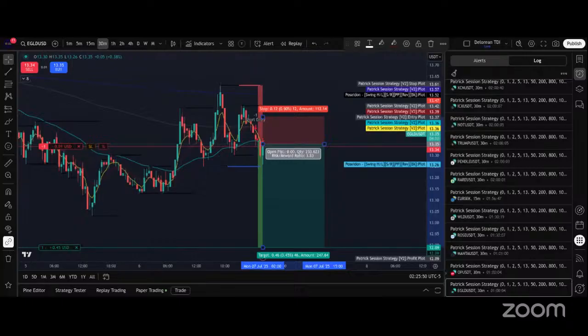Targeting take profit 12.89 for 46 pips. Stop loss is going to be 13.47, and that's going to be for 12 pips. Entry price 13.35.